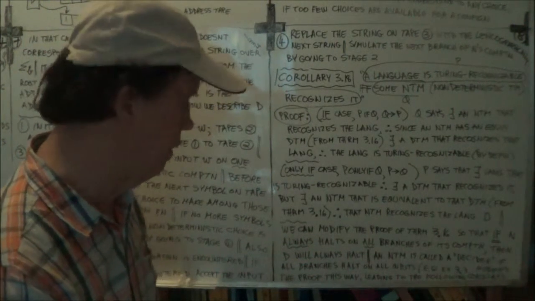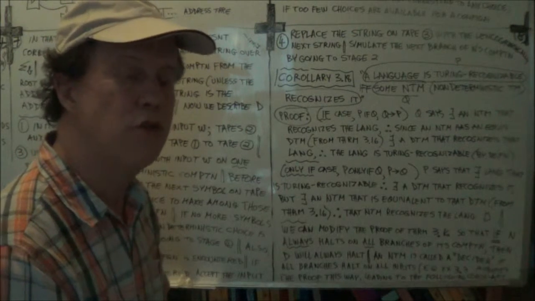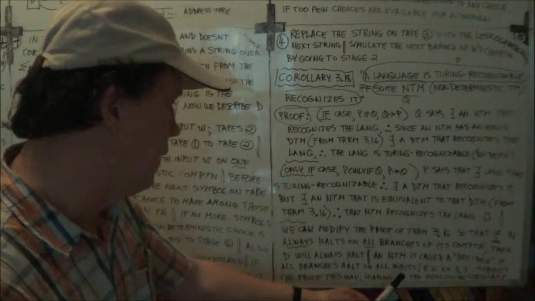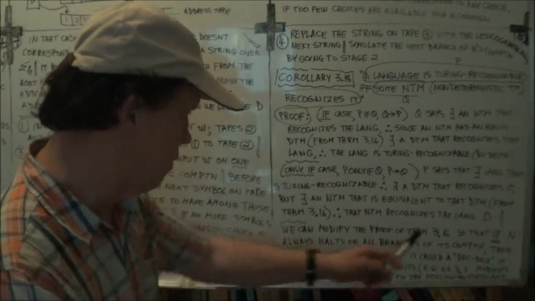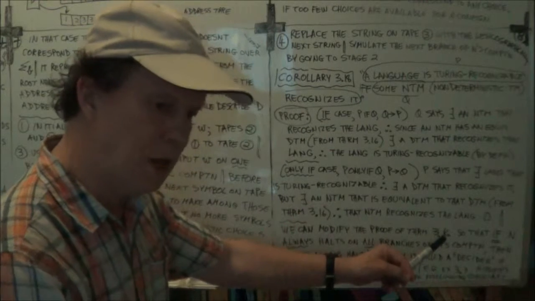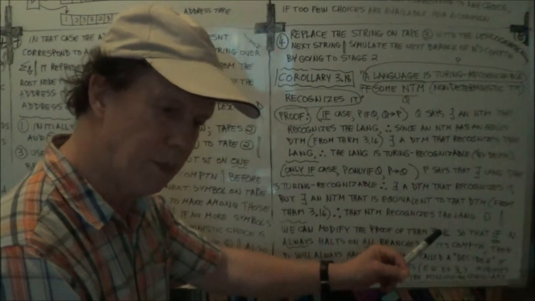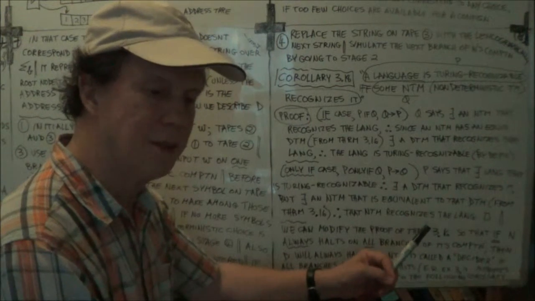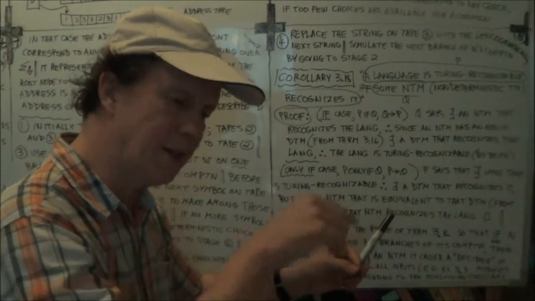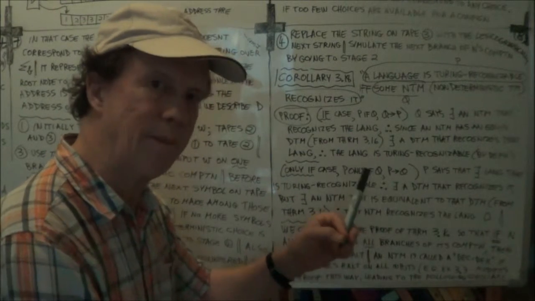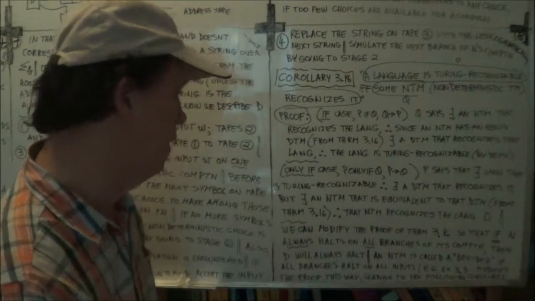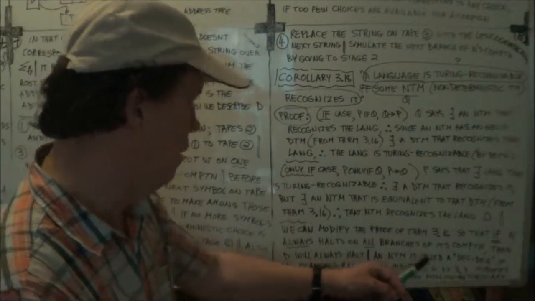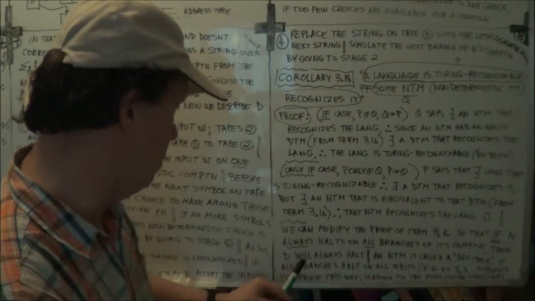Perhaps you could try depth first, I don't know. So that any branch the NTM takes, it will halt. It's not the case that there is a branch that goes on infinitely. There are no such branches. And for such an N, you can find a D that will always halt.